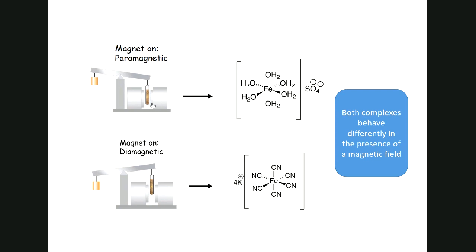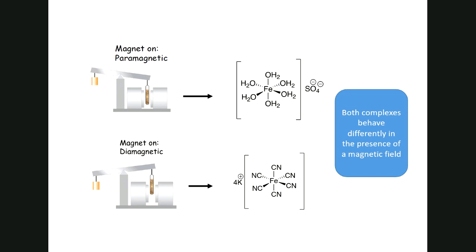If we now look at our cyano complex, we realize that it's repelled by the magnet, so therefore it's going to be diamagnetic. So clearly there's something else happening here on the electronic level that goes beyond what valence bond theory can tell us, right? So this experiment is telling us that the hexaaqua is going to be paramagnetic and the cyano is going to be diamagnetic. And I see that somebody in the chat has already given away the ending, but we'll get there.